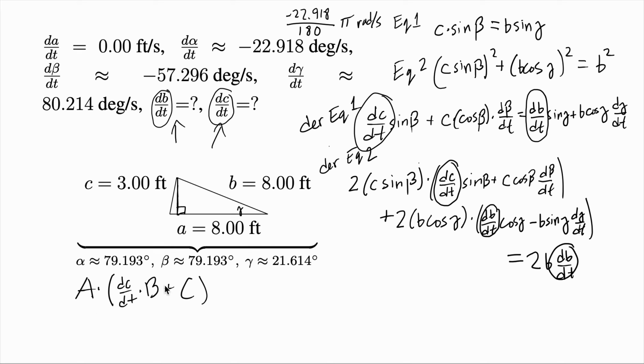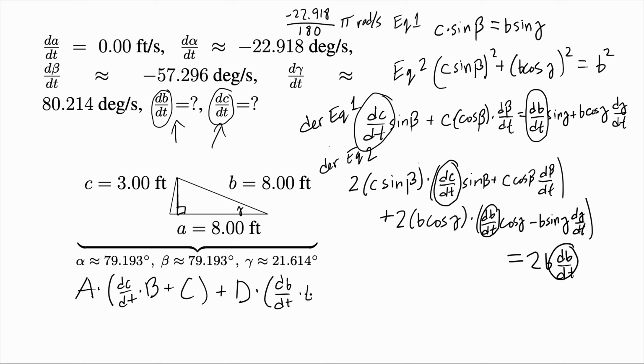It's useful to put letters sometimes for things. Then you're not writing all these numbers out all the time. Okay, plus, and then this guy right here I'm just going to call D, times dB/dt, times another number right here.